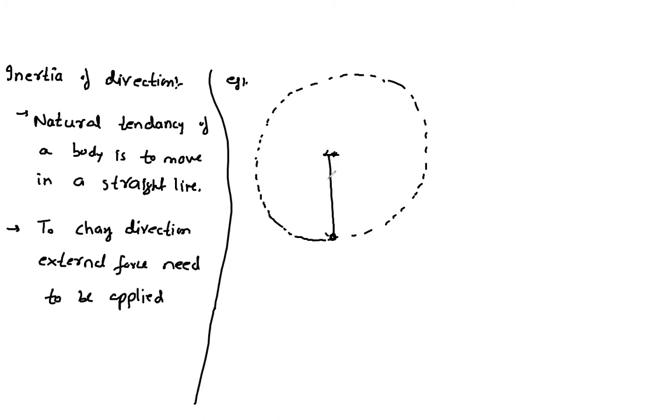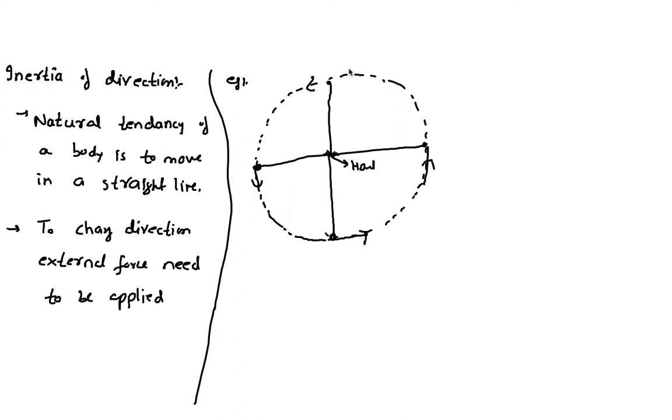I'm applying a continuous force through my hand. That's why the direction of velocity is changing. The stone is revolving around the hand, which means the direction of its velocity is continuously changing. To continuously change the direction of velocity, I have to apply some force through my hand.